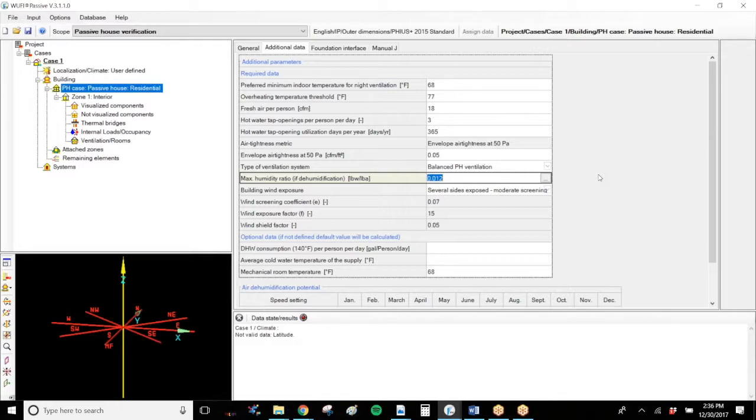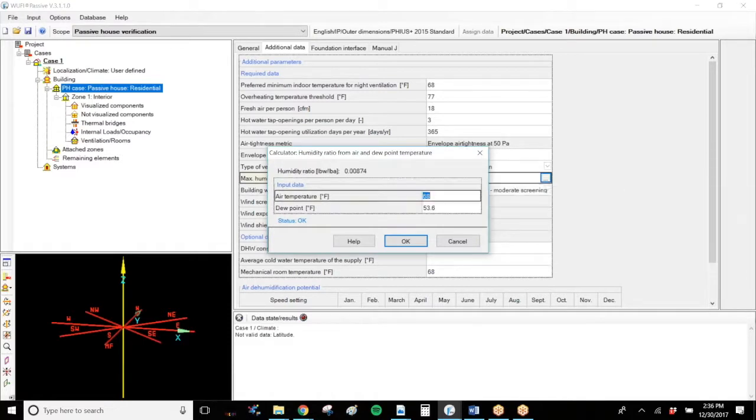So if this limit was lower, let's say 0.01 instead of 0.012, then there would be more need for dehumidification. If it was higher, 0.015, then there would be less need for dehumidification. If you'd like to determine that based on the air temperature and dew point, you can enter these separately. If you want to allow up to a dew point of, let's say, 60 with an air temperature of 77 inside, you can change that there.